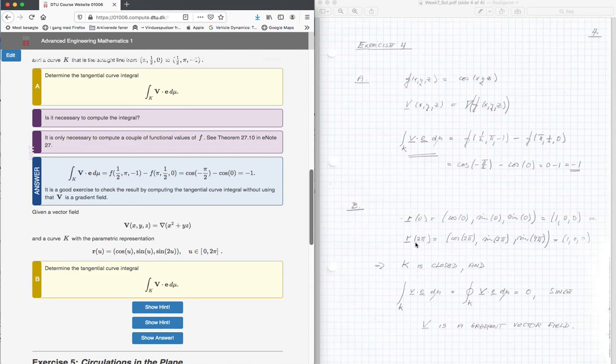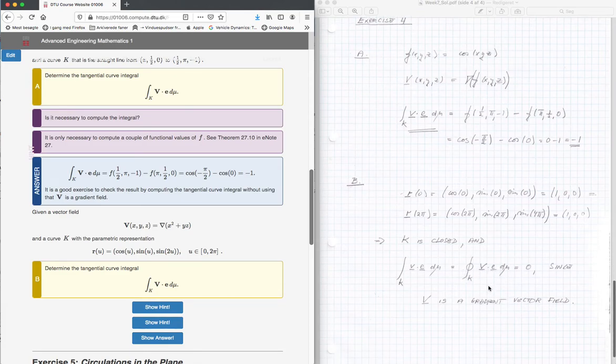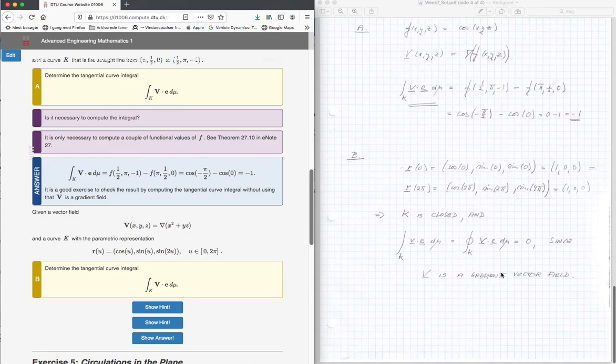So the two points are the same, and this means that your curve is a closed curve. And you know that when the curve is closed, then this is equal to the circulation of the vector field along the curve. And since V is a gradient vector field, this is 0.